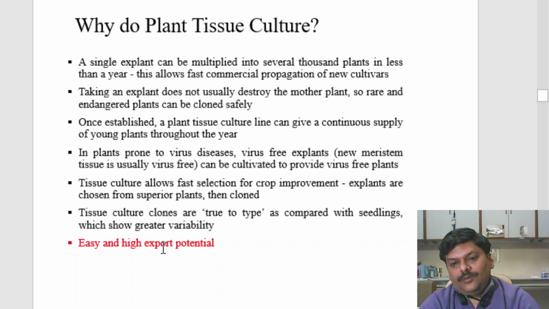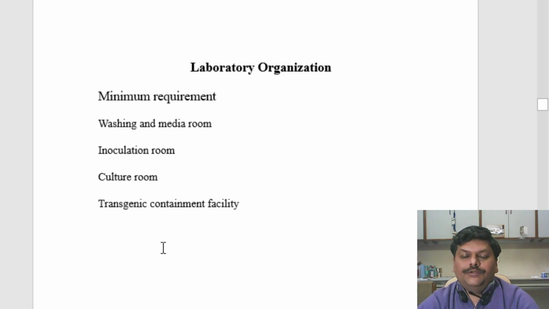So if we can establish a reliable, reproducible, and economical method for plant tissue culture of an important cultivar, then since the resultant plants have better quality, can be characterized easily, and are disease free, they have very high acceptance in the market, as well as high export potential, which can earn money for the companies or persons involved in plant tissue culture.